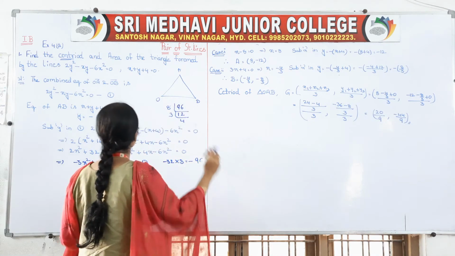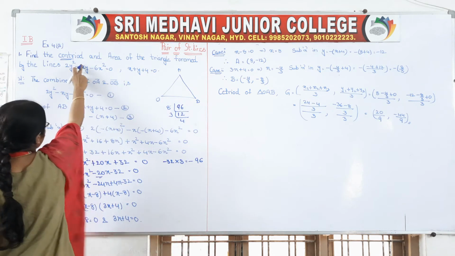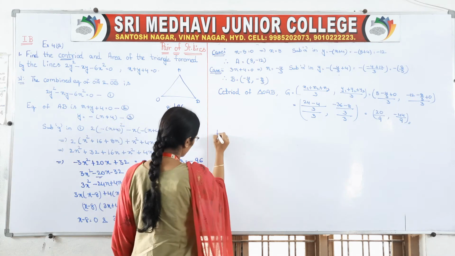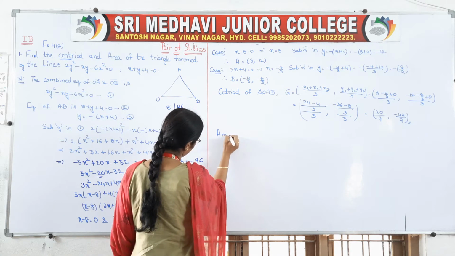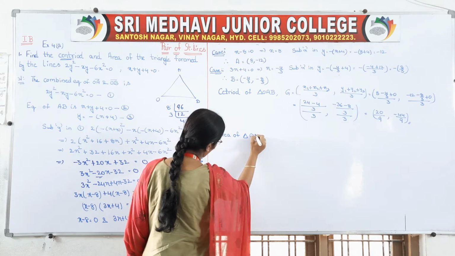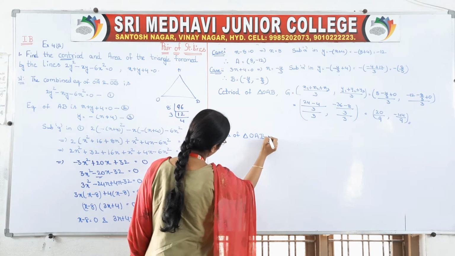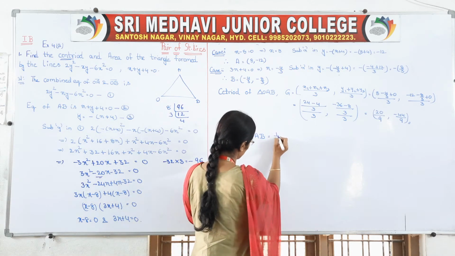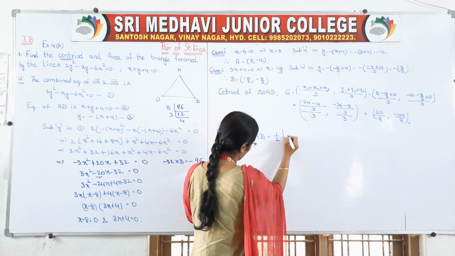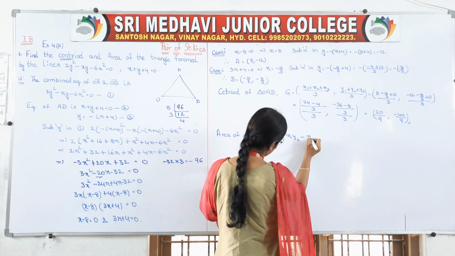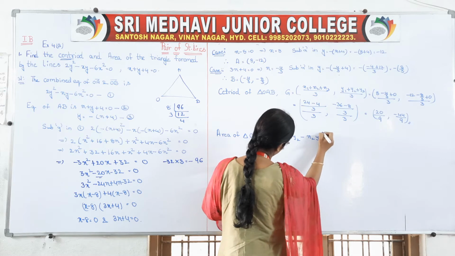So 2 questions are asked. One is the centroid and the next is the area of the triangle. So come on, we will find the area of which triangle? Triangle OAB. So the area of the triangle OAB is equal to half modulus x1 y2 minus x2 y1.